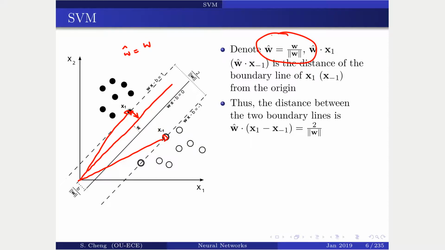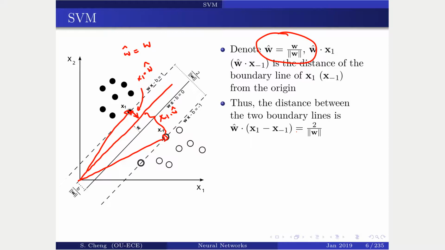Basically, I have shown here that this is just equal to x1 dot w hat. And then this distance here will be x−1 dot w hat. Therefore the distance will be just w hat dot (x1 − x−1), right?